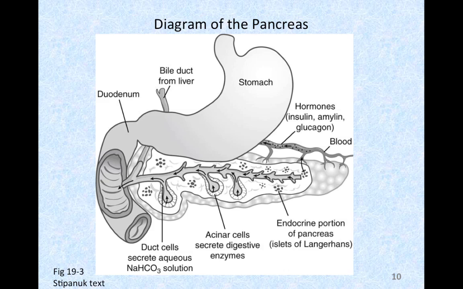And if we review the anatomy of the GI tract, remember that the pancreas is adjacent to the stomach and the liver, but the pancreas is part of the portal vein circulatory system. So the portal vein, the main blood circulatory component that removes water-soluble molecules from the gut, actually goes right by the pancreas.